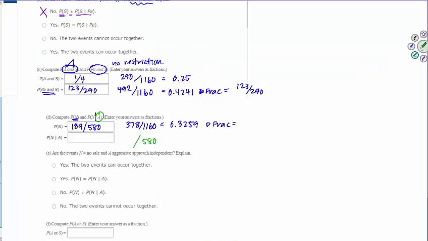And 290 non-sales that had the aggressive approach. 290 out of 580, 0.5, also known as 1/2. So, is the probability of not making a sale independent of the approach that we use?